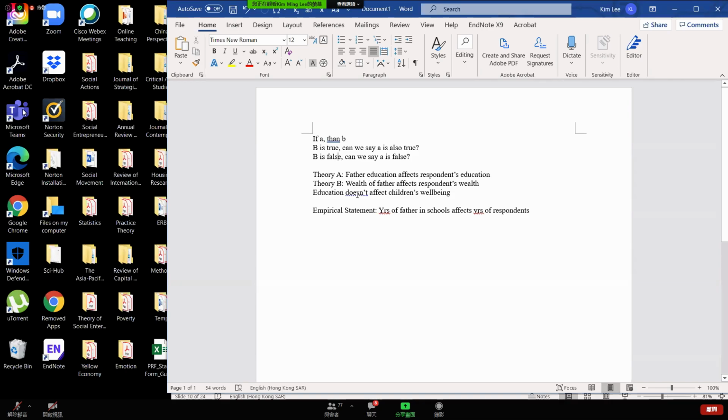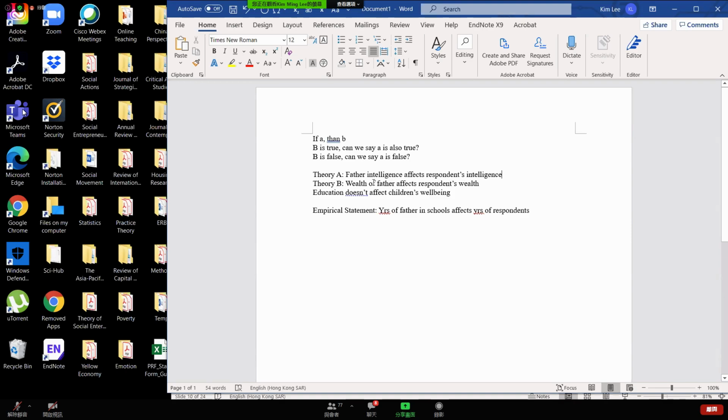For example, this is theory A. For example, I change it. That is the talents, or intelligence, if you like. Your father's intelligence affects respondent's intelligence because of genetic factors, biological reasons. But the wealth of your father also affects respondent's wealth.